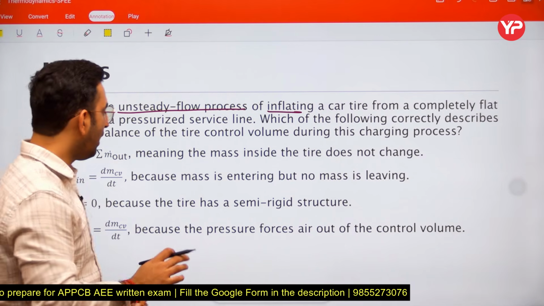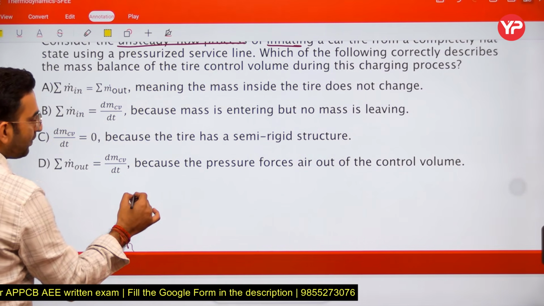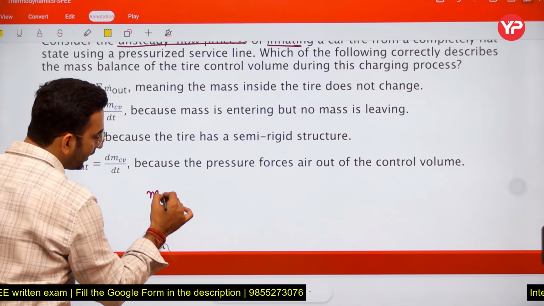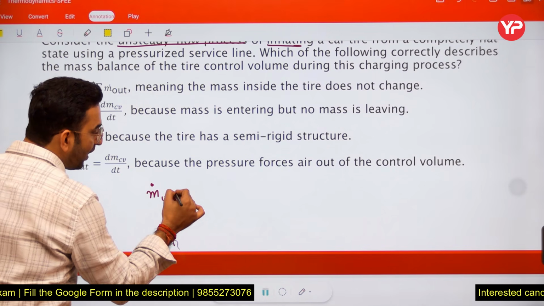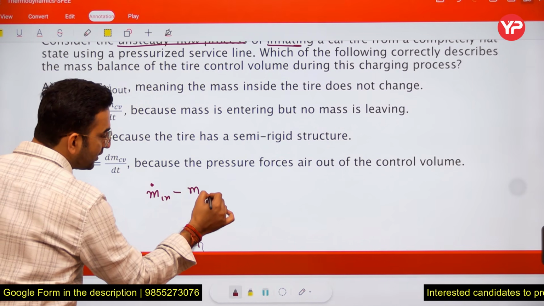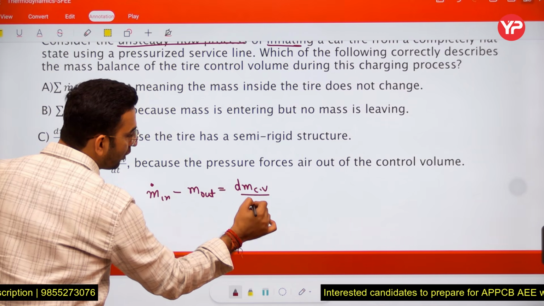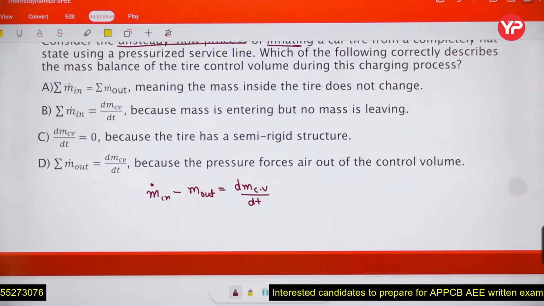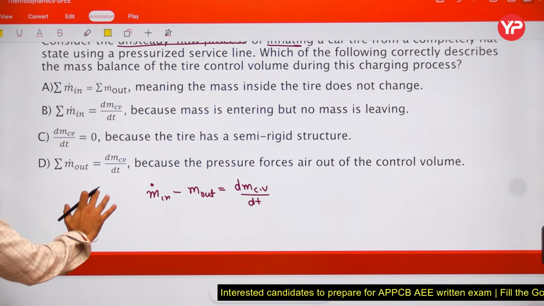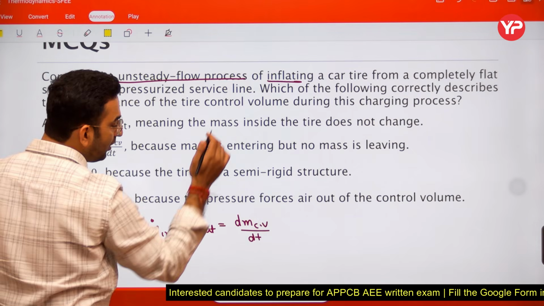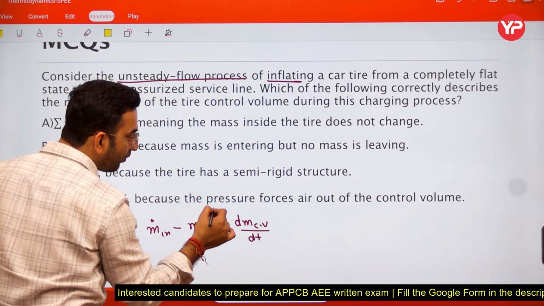First, how do we write the conservation of mass principle for unsteady processes? Mass in minus mass out is equivalent to the rate of change of mass inside the control volume. We can write it in this way. In the case of a car tire, there is no mass transfer from the system.